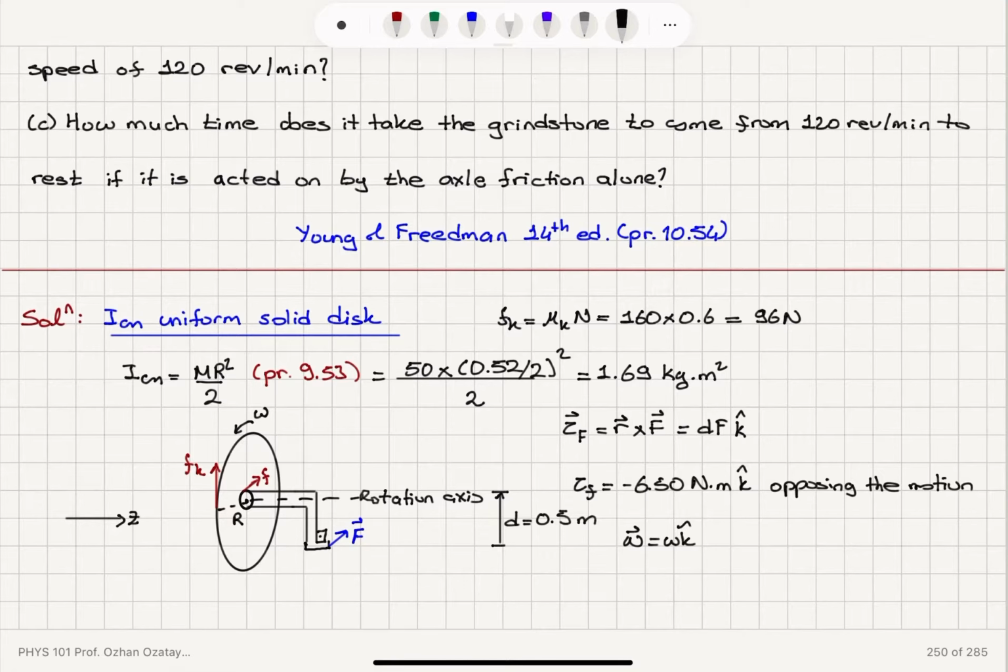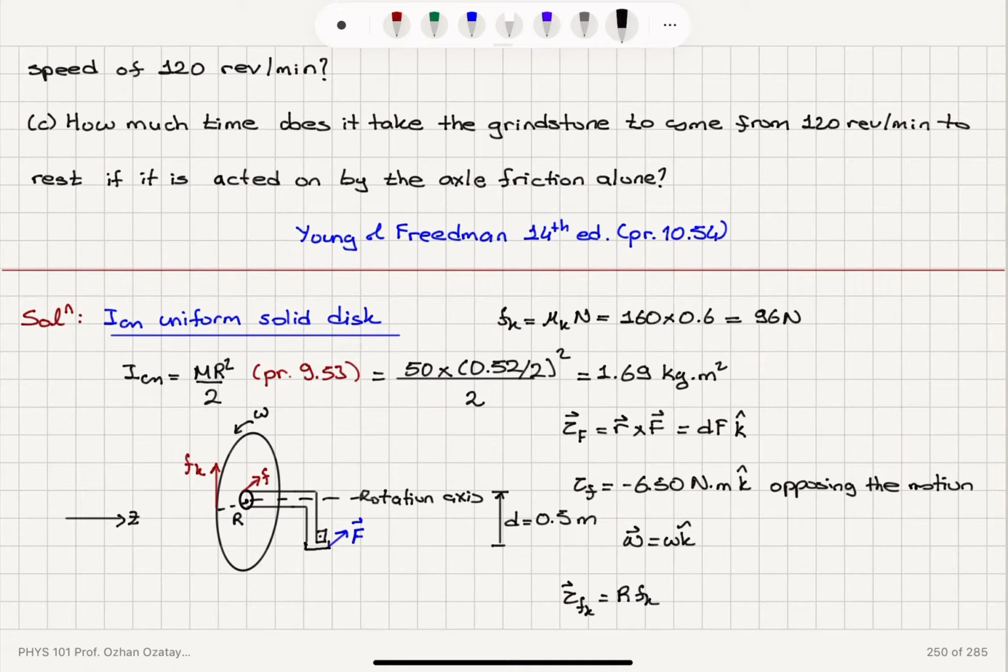So therefore the friction torque must be in minus k hat direction. Now what about the torque exerted by kinetic friction? If I go from the pivot to the application point of this kinetic friction force, the distance is r, and the perpendicular distance is r times Fk.